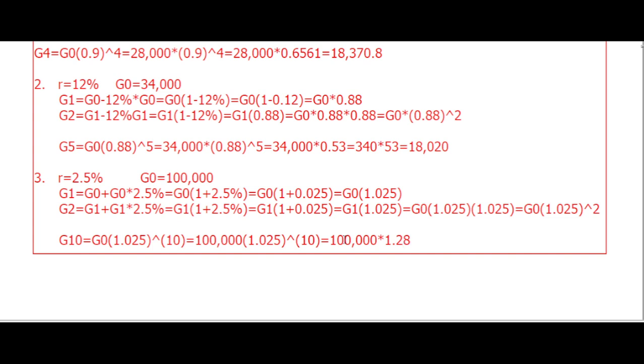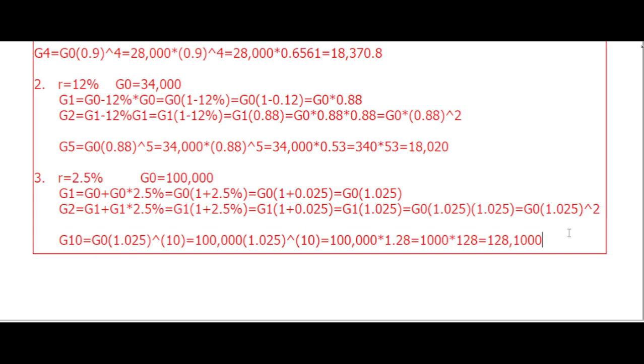Shifting the decimal place, this is 1000 times 128, which after multiplying we get 128,000. This is the answer for question number 3.